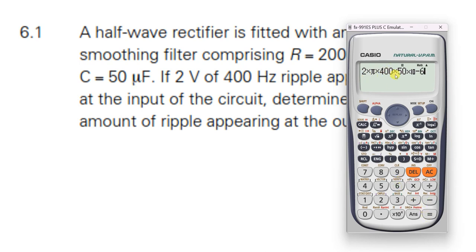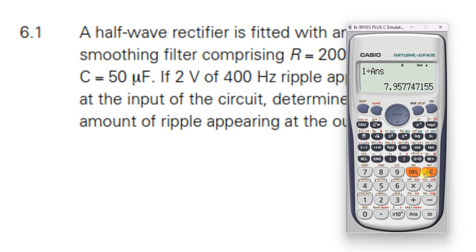So this is 2 pi f C, and 1 over omega C means 1 divided by that answer. The previous value is 7.95 ohms. Xc is 7.95 ohms.